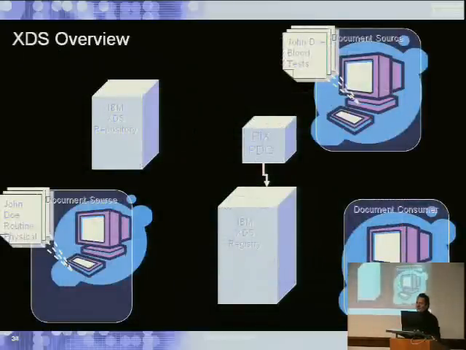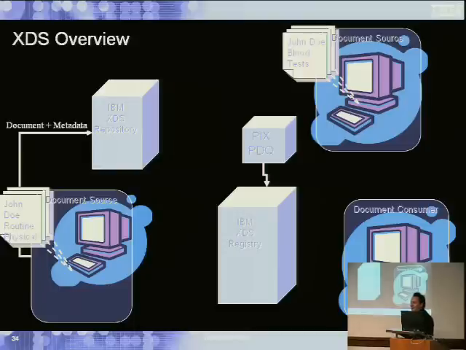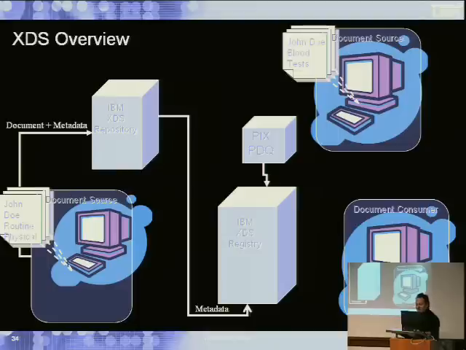This is how XDS works from a clinical point of view. Here, John Doe has come to his doctor for a routine physical. According to the IHE, that doctor, who is running some kind of electronic medical record system in his clinic, will submit data about John Doe, both a document and metadata, to a repository. The metadata is placed in a registry.